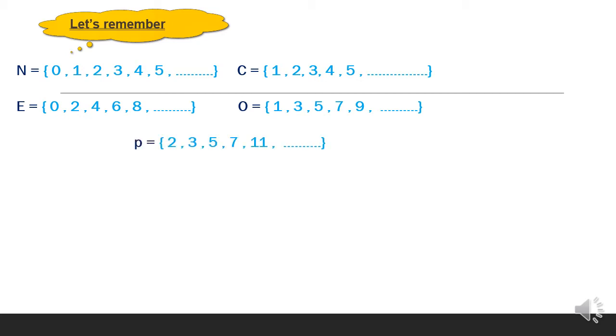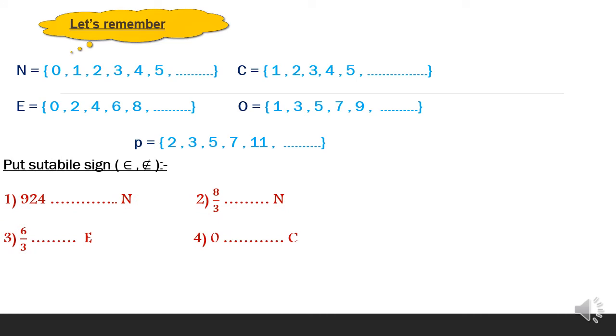The set of prime numbers. What is a prime number? It is the number which has only two factors, 1 and itself, and it includes 2, 3, 5, 7, 11, and so on.